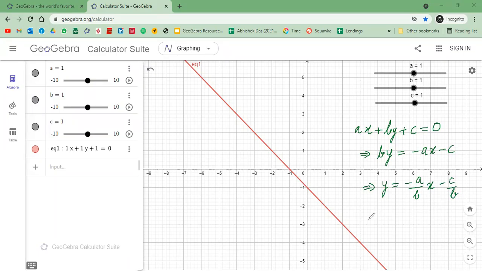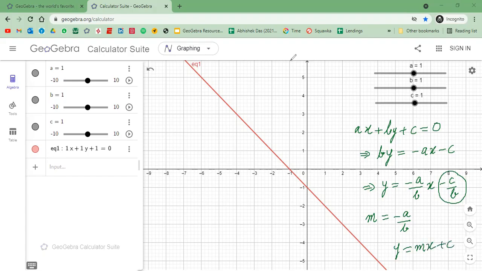So you can see that the slope in this case is minus a upon b, while the y-intercept is minus c upon b, if you compare it with y equal to mx plus c, of course.